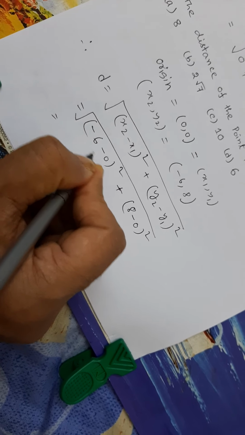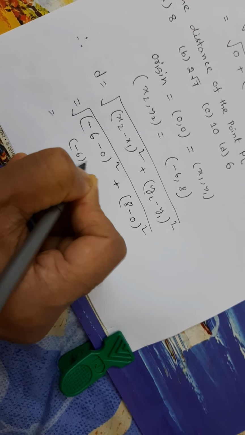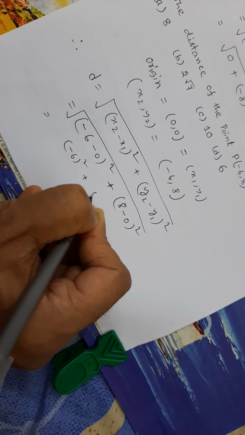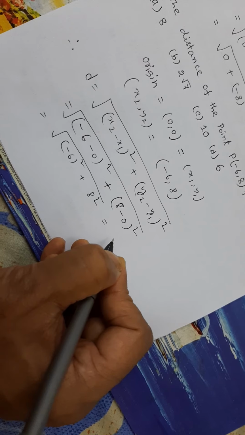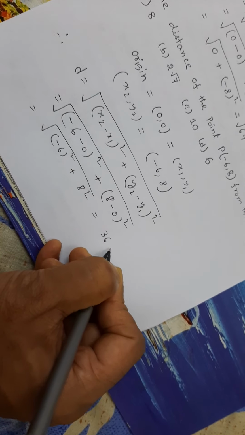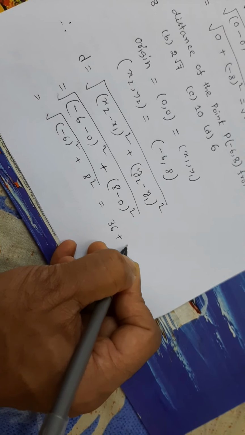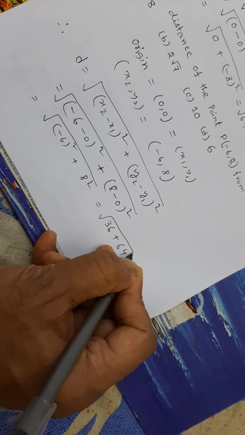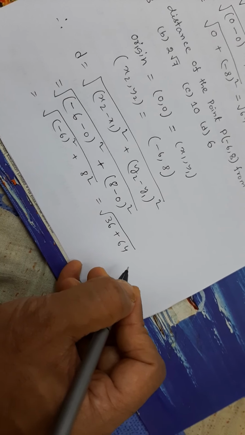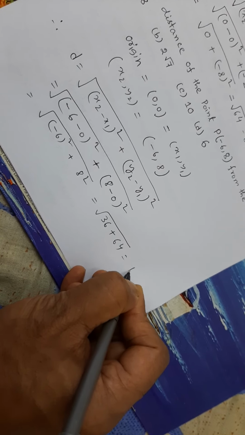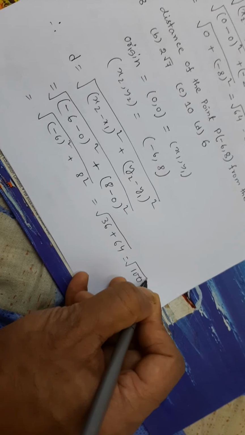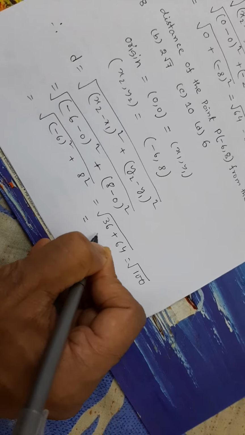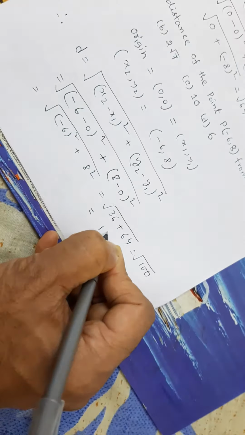So (-6) whole square plus 8 square. (-6) whole square is 36, plus 8 square is 64. So 64 plus 36 is 100, under root. Root 100 is 10.